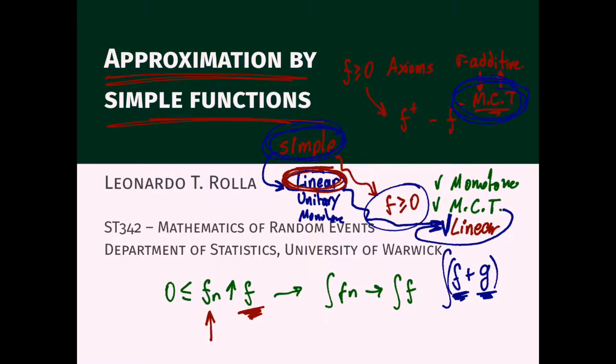So in this video lecture, our modest goal is just to show the existence of such a sequence. And then in the next video lecture, there comes the glory. That's when we use the existence of this sequence to bootstrap all the properties that we are able to establish for simple functions to non-negative functions.